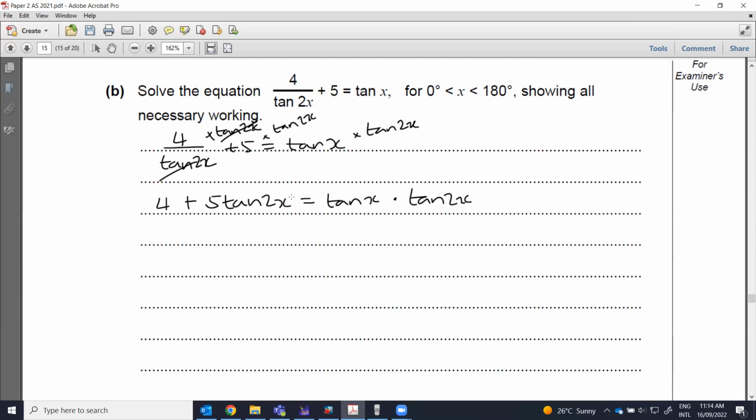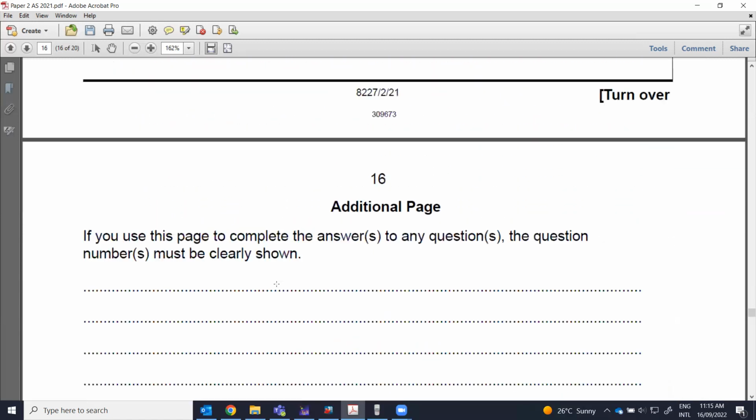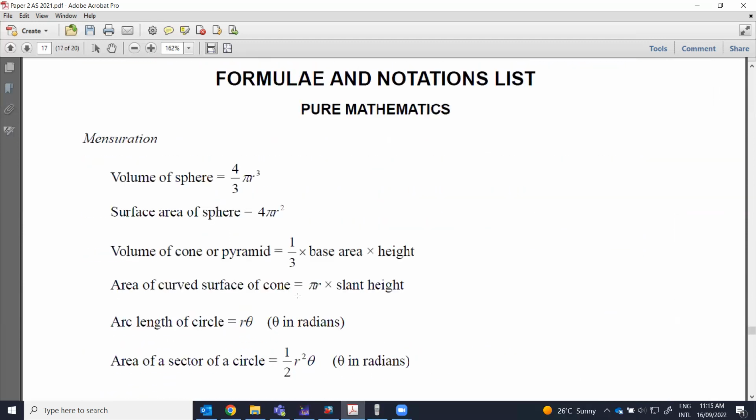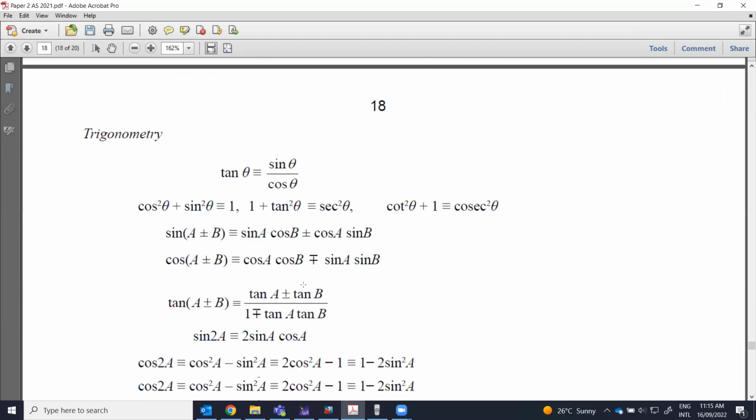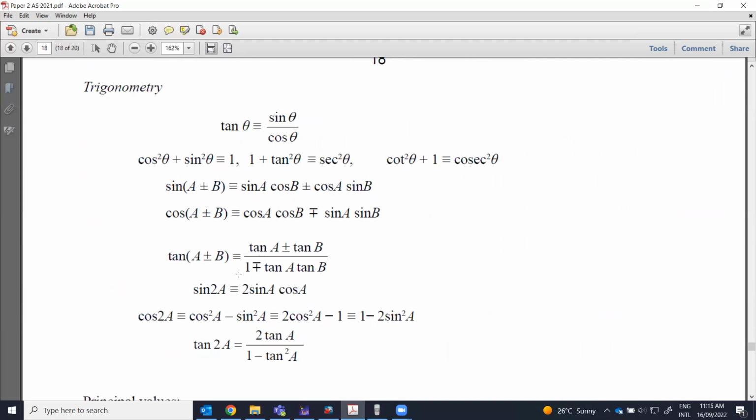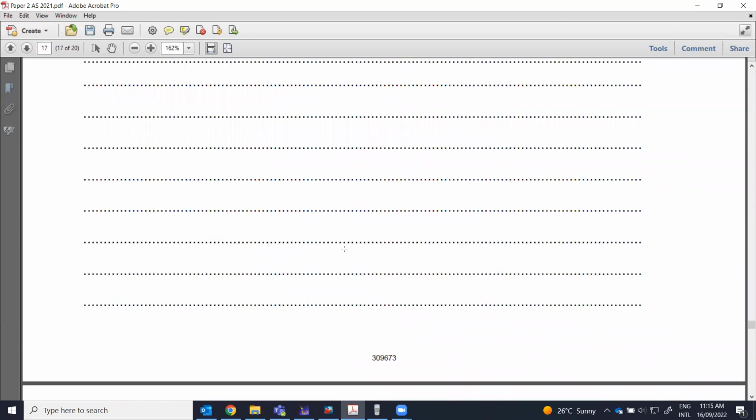And this tan 2x, we can rewrite it in terms of the sum and difference identity. So this is one that we should know, and I believe it's also provided at the back. Here it is. This is the formula that we have. So we will use x plus x. So it's tan x plus tan x over 1 minus tan x times tan x.